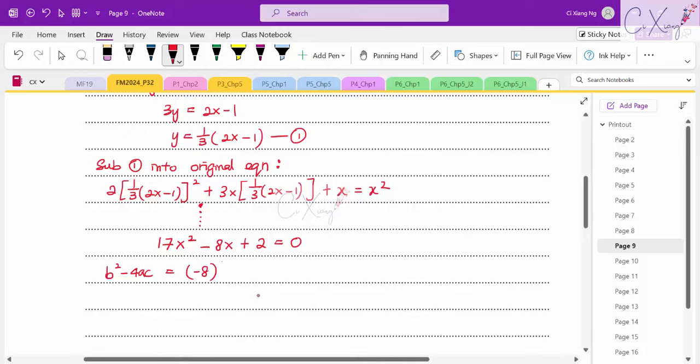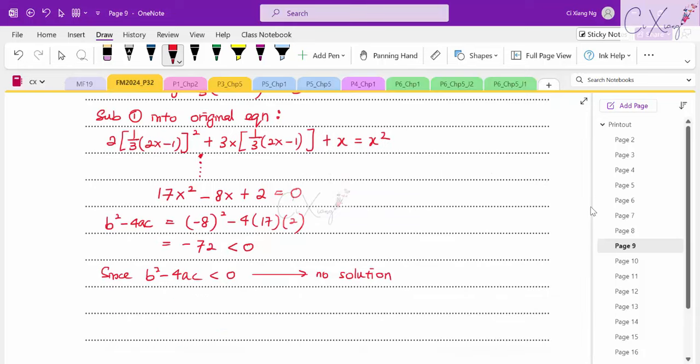So negative 8 squared minus 4ac. From here, you get negative 72, which is a negative value. When you have b squared minus 4ac smaller than 0, what does it mean? It means there's no solution for this quadratic equation, right?